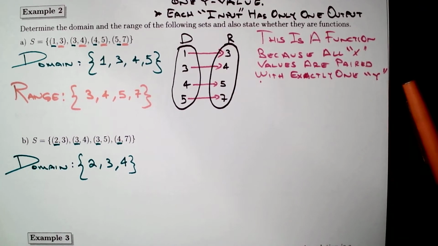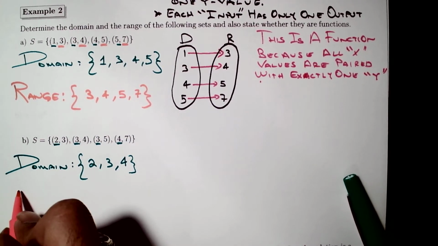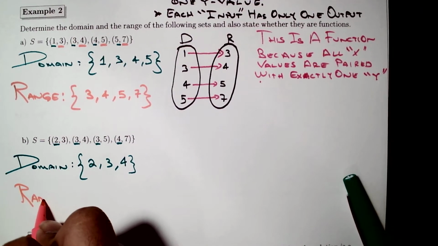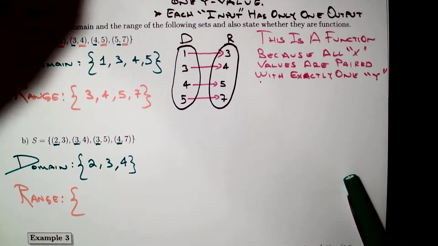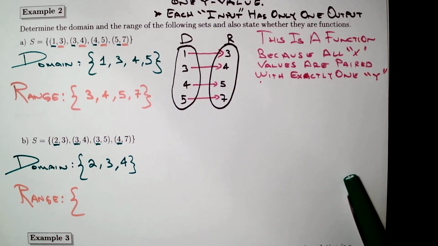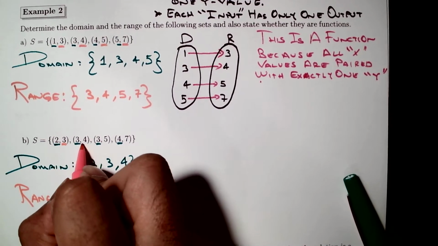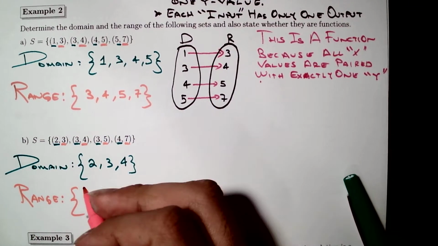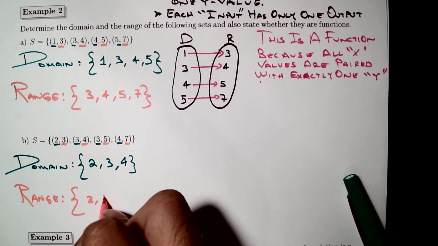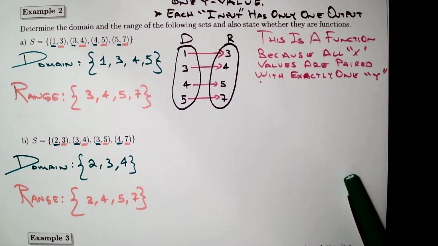Alright? Now let's look at the range. For the range, we use pink. Let's highlight the y values. We're going to have 3, 4, 5, 7. So in this case, this is really nice.